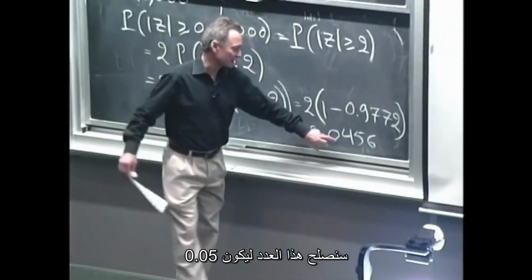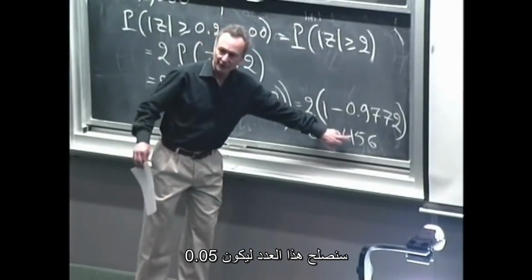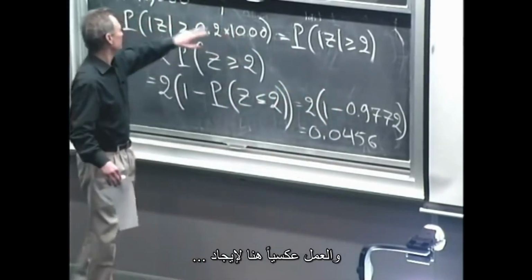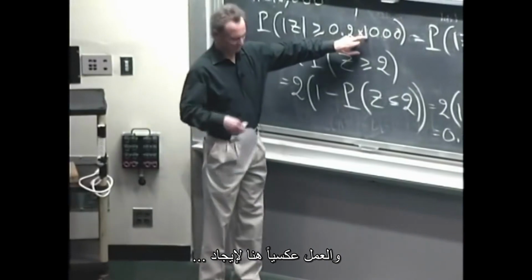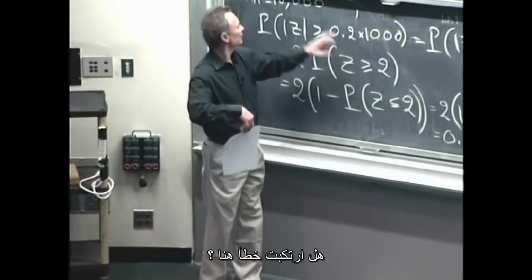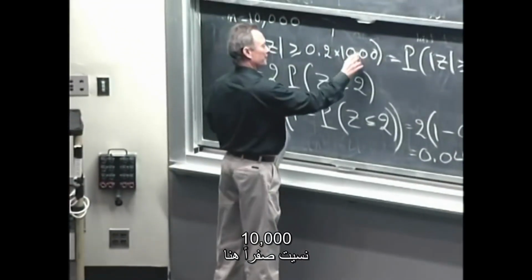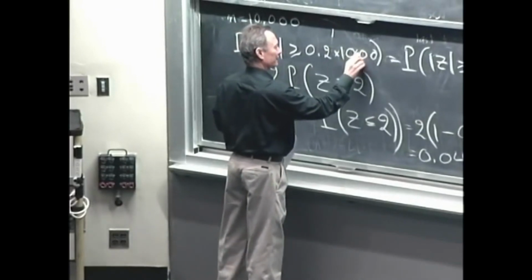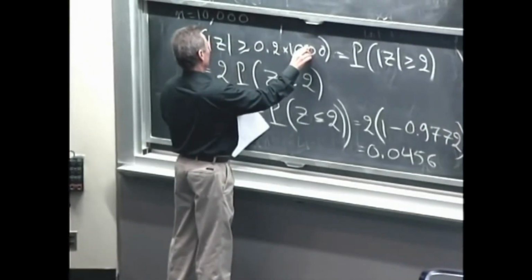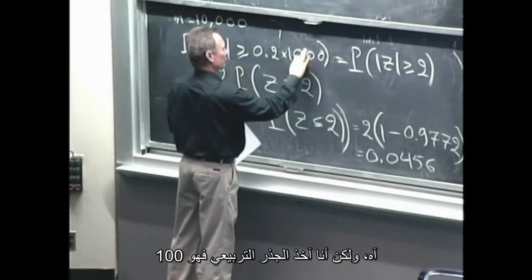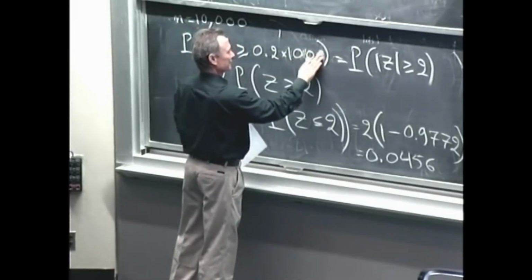We're going to fix this number to be 0.05 and work backwards here to find, did I make a mistake here? 10,000, so I'm missing a 0 here. Okay. But I'm taking the square root, so it's 100, right?